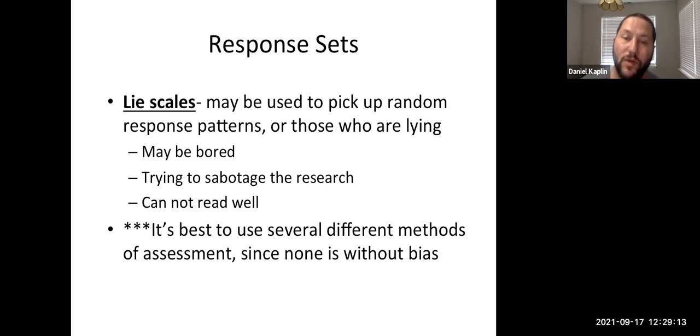It could be due to them trying to sabotage the research, which is very uncommon. But it could also be due to them not understanding the question. So if they didn't read very well, they could answer in a way that looks like a random response pattern, but it's just because they didn't understand.